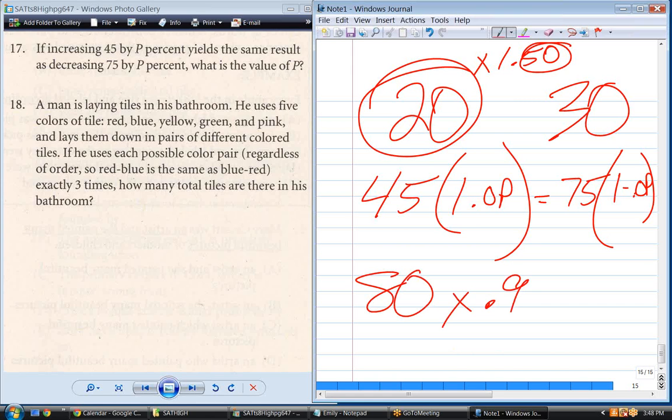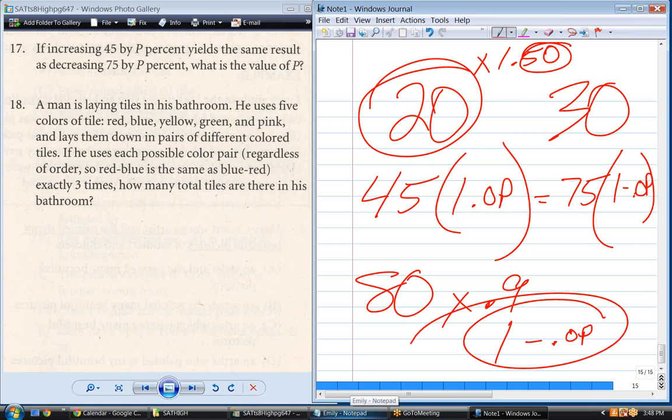So decreasing 75 by p% is the same as multiplying it by 1 minus p%. Hold on, what did I do here?